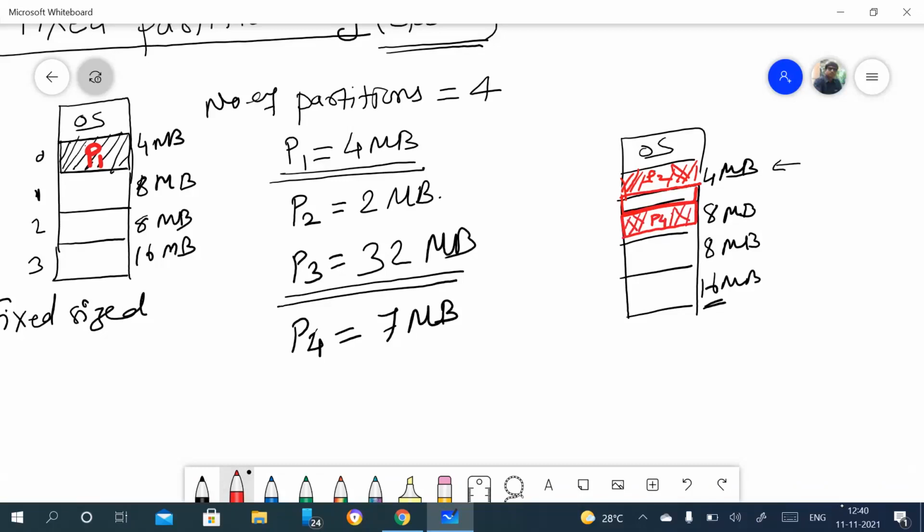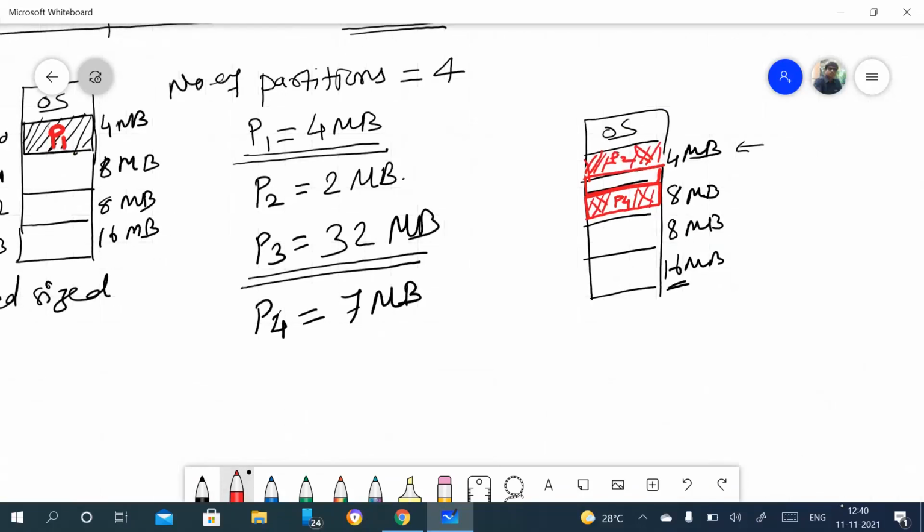But in these two processes, P2 and P4, whatever we just kept here, this memory space has been wasted, because another process we cannot keep here.